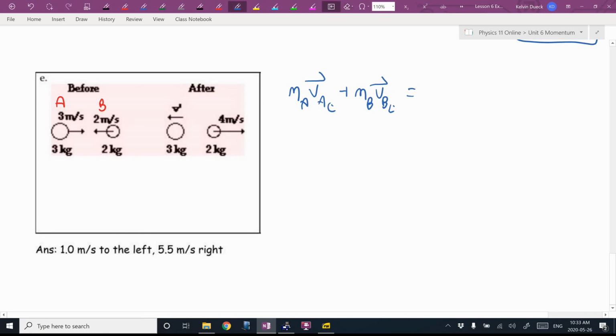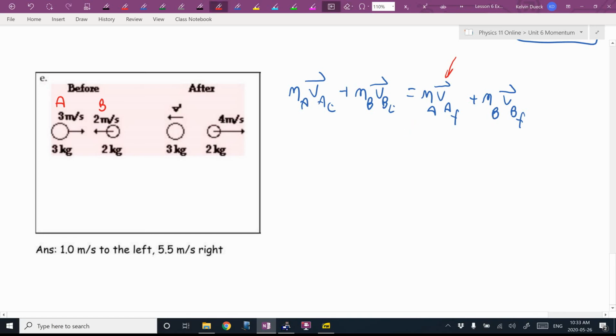Wham, they collide. And it looks like I'm going to have mass A, VA final plus mass B, VB final. And the question is suggesting that this, when I solve for it, should end up being negative. It looks like they collided head-on, and then this bounced backwards. Again, I'm going to minus this over to this side.